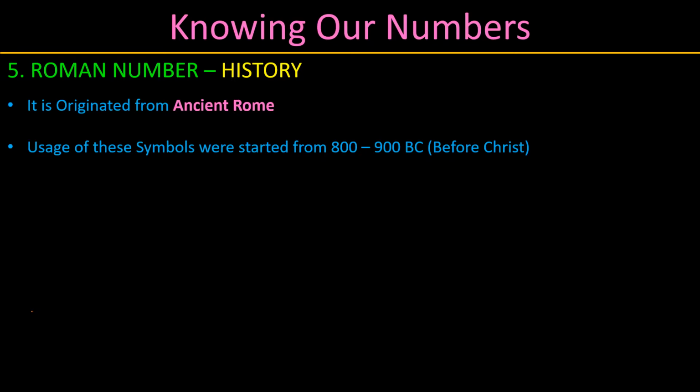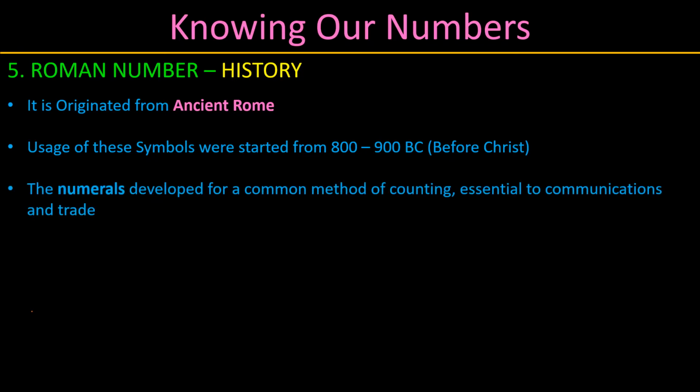These numbers were developed just for counting, for communicating with each other, and for trade purposes. There is still a lot more history, but I have selected only a short and sweet brief history to help you understand Roman numbers.